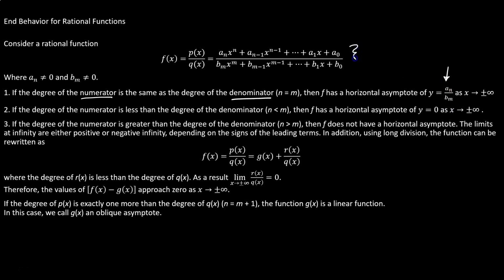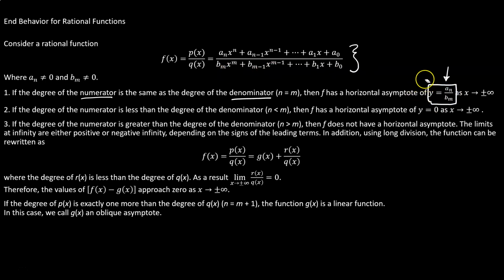If we're a little rusty on what it means to be a rational function, remember that a rational function has a polynomial on top and a polynomial on bottom, and the leading coefficient of each polynomial is denoted by a sub n and b sub m. So our limit, as x went to positive and negative infinity, gave us the horizontal asymptote equal to the ratio of those leading coefficients.